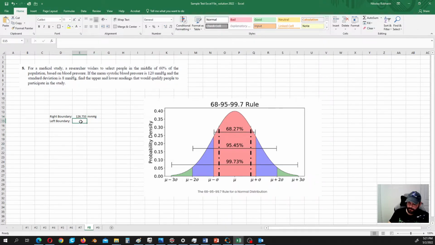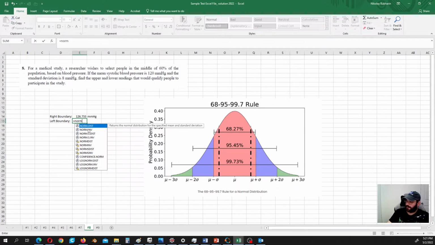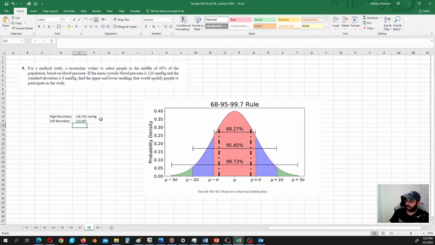And the left boundary we do the same, so that's normal inverted, and the probability is 0.2. So that's the left boundary, which cuts 20% of the area to the left. Mean is 120 and standard deviation is 8, and that's what we have for the left boundary.